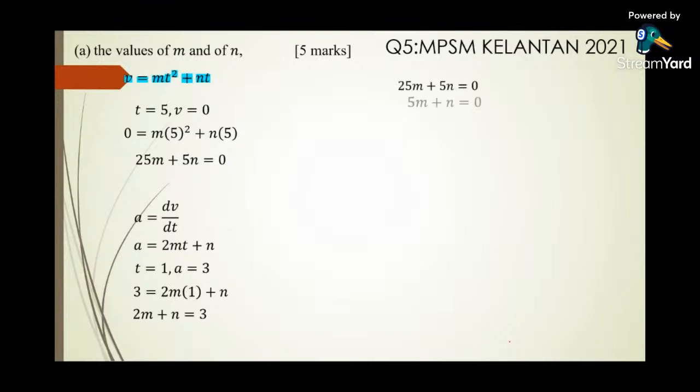Okay, so kita dapat, this one kita simplify. Kalau tak simplify boleh, tapi susah nanti nak solve. So kita simplify, this is the second one, kita ambil dia daripada sebelah. And then clue. Kalau kita ada two linear equation, kita nak buat apa?